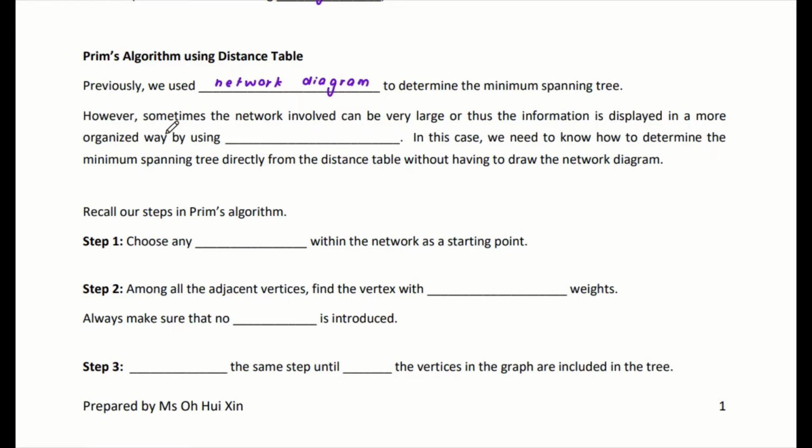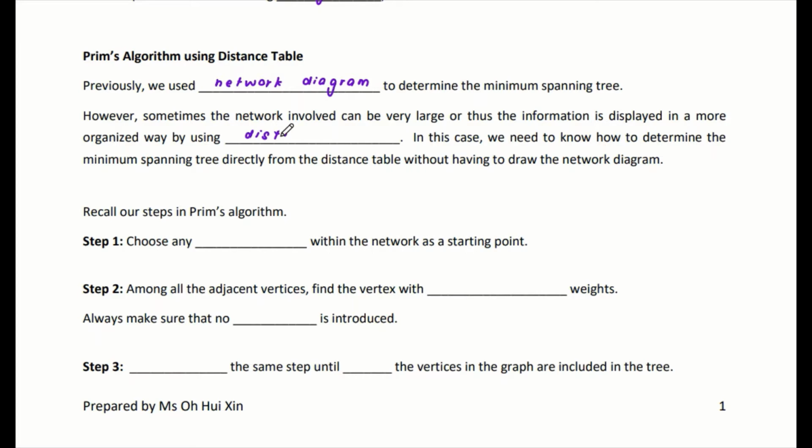However, sometimes the graph that we are dealing with can be a very dense one, which means a graph with a lot of edges and vertices. In that case, no matter which algorithm you are applying, it's going to be much more difficult to identify the nearest vertices or the shortest edges. So that's why the information will be displayed in a much more organized way by using a distance table.